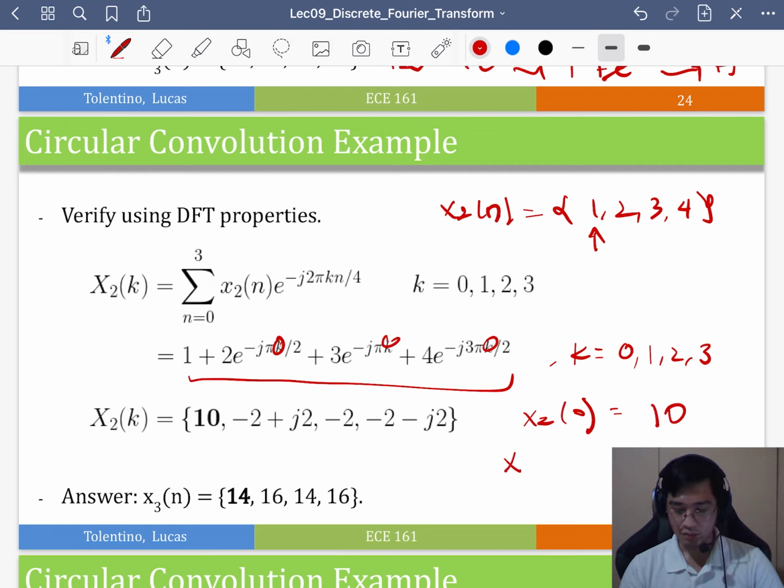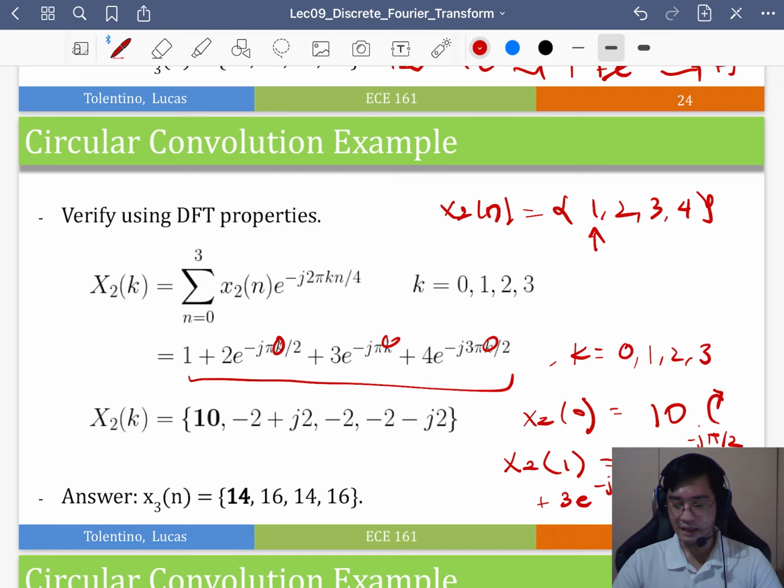How about x2 of 1? x2 of 1 is 1 plus 2e to the minus j pi over 2 plus 3e to the minus j pi plus 4e to the minus j 3 pi over 2. What is e to the minus j pi over 2?